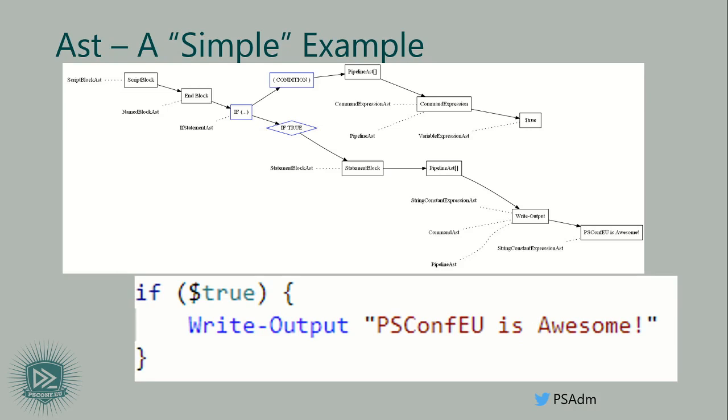It starts at the beginning, which is always a script block AST, and then there's an if AST. There are different AST types for each construct in a script. So there's a conditional if AST, a command AST, a pipeline AST. We'll have a look through this, and you can see this is how the parser or the compiler goes through the code in a machine-readable way.